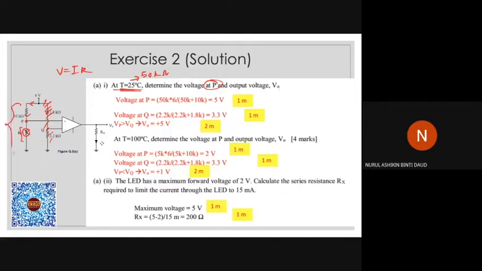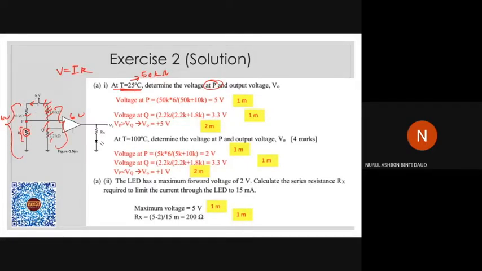So this is 6 volts and this is also 6 volts, the potential. So just ignore this part, since the value of voltage here is 6 volts, because this is parallel.